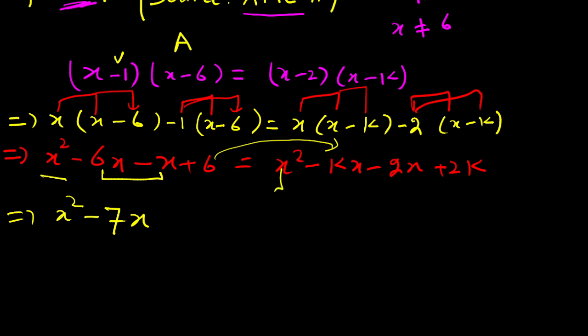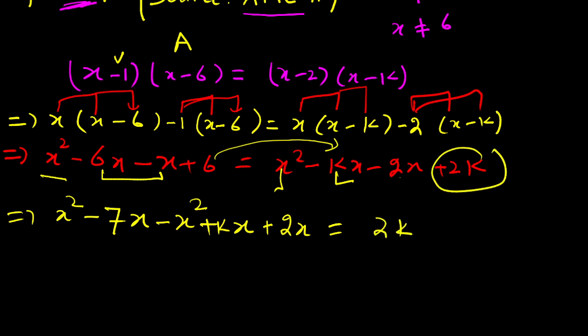The x square will come on the left hand side, and minus kx will be here plus kx, and minus 2x will be here again plus 2x, and on the right hand side we have 2k, and this 6, when it comes on the left hand side, will become minus 6.